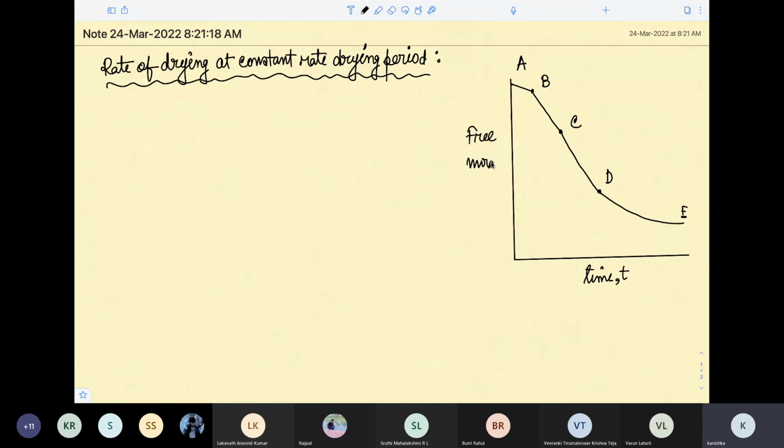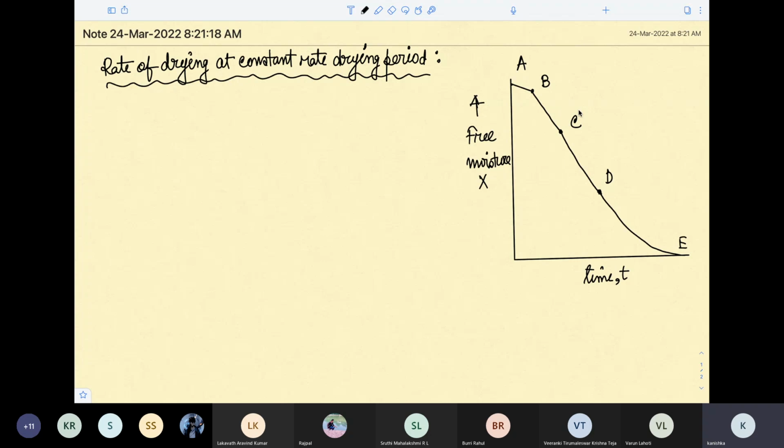Sorry, if we say free moisture, then I have to label it free moisture, capital X. Okay, so let's say this is A, B, C. So B to C is the constant rate drying period, and usually this one is linear.